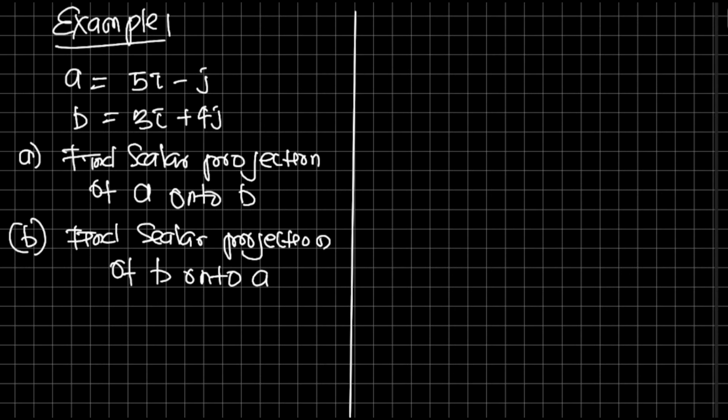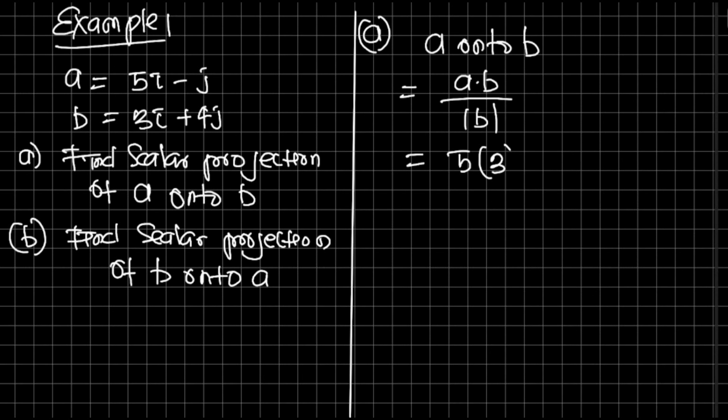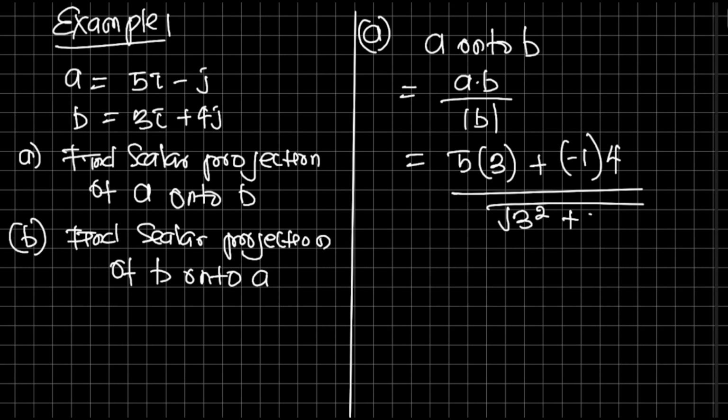Alright, so let's start with A. The projection of A onto B is equal to the magnitude. You don't need to draw it, but if you want to, you can. You can just state your formula right away. That is A dot B all over the magnitude of B, which is 5 times 3 plus minus 1 times 4 all over the magnitude of B, which is the square root of 3 squared plus 4 squared.